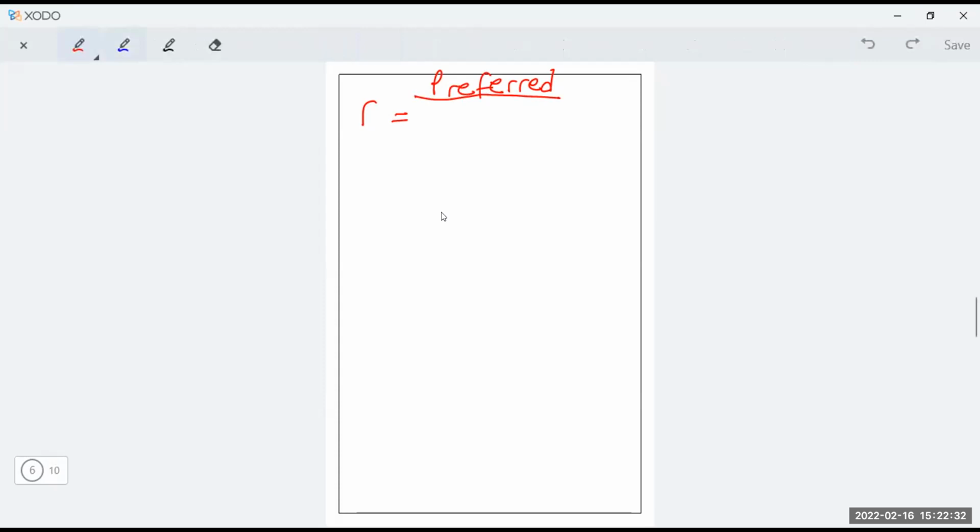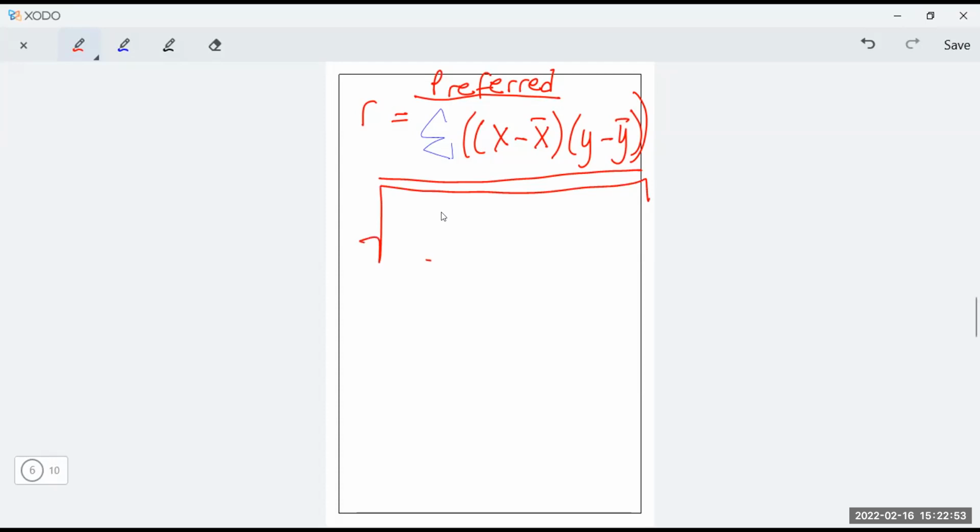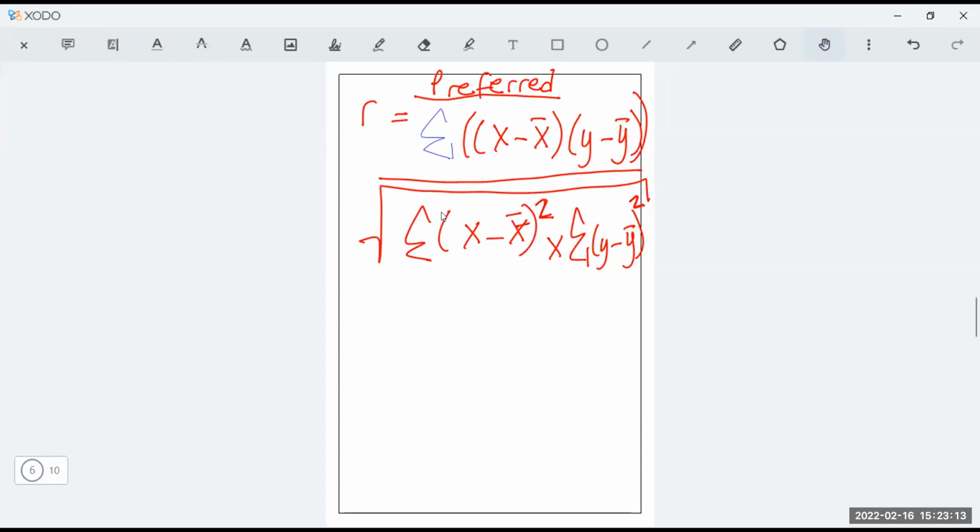So the preferred formula is to say R is equal to the sum of (X minus bar X) times (Y minus bar Y), over the square root of the sum of (X minus bar X) all squared, multiplied by the sum of (Y minus bar Y) squared. This is my preferred formula to use.